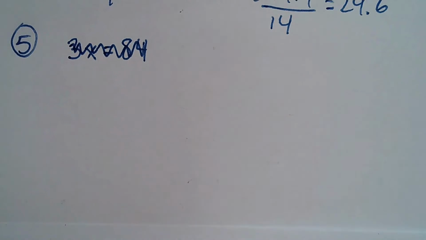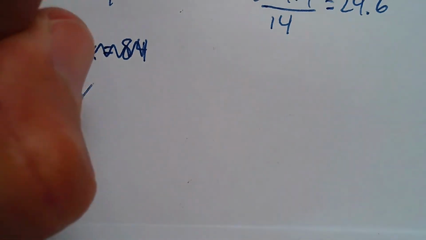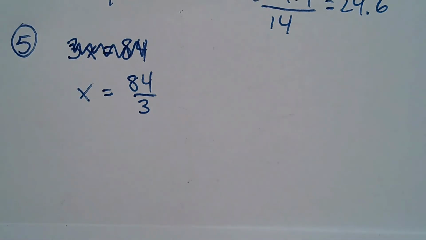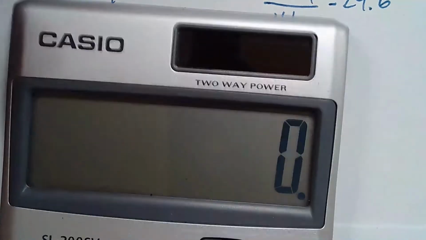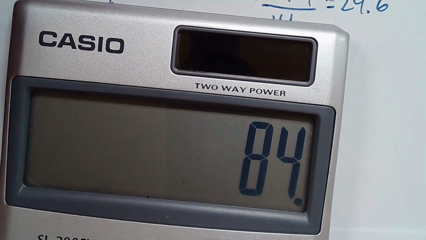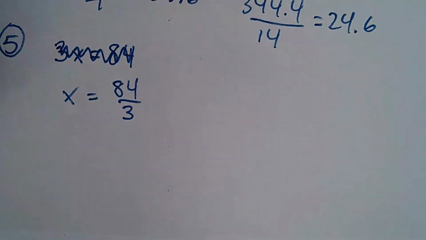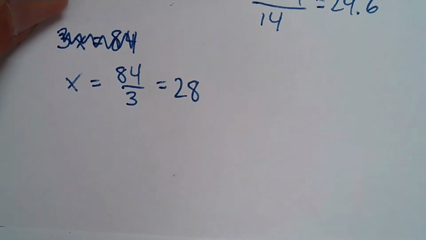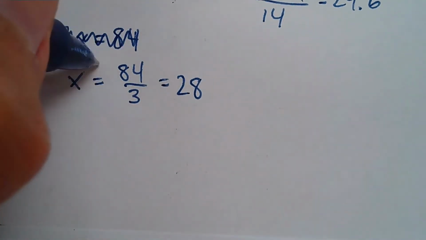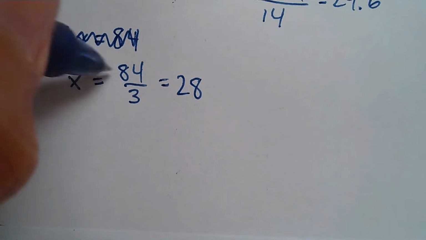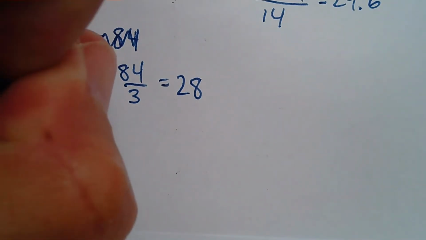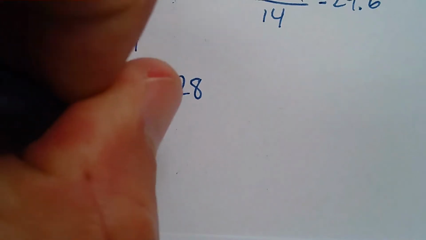What we need to do is, the amount will be 84 divided by 3. 84 divided by 3 is 28. So I guess this technically is an equation, but they're probably looking for this: 28 times x is equal to 84.